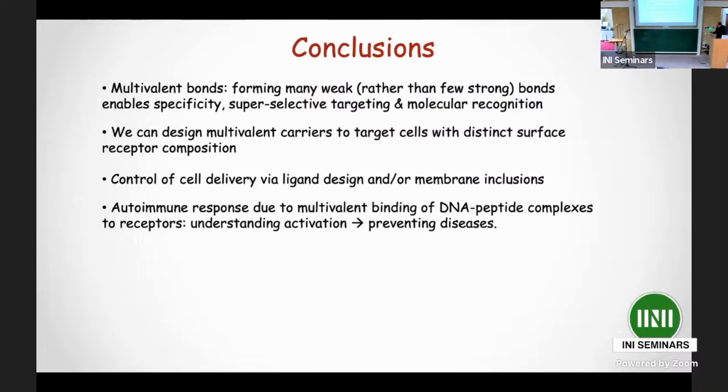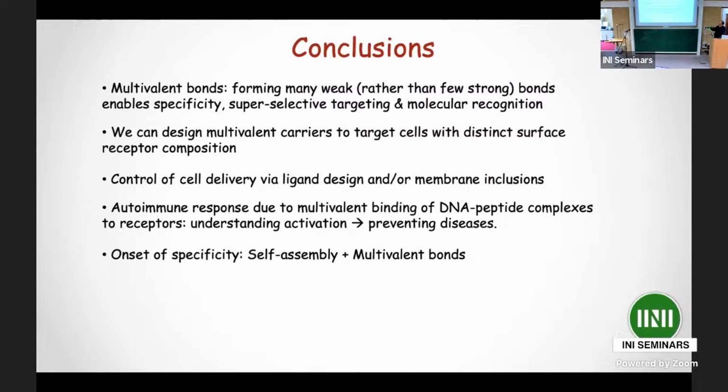And it also plays a role in activation processes, in biological activation. And one example I presented, but we believe that this is more general, that basically specific interactions in biology or in biochemistry are all kind of the consequence of multivalent bonds.